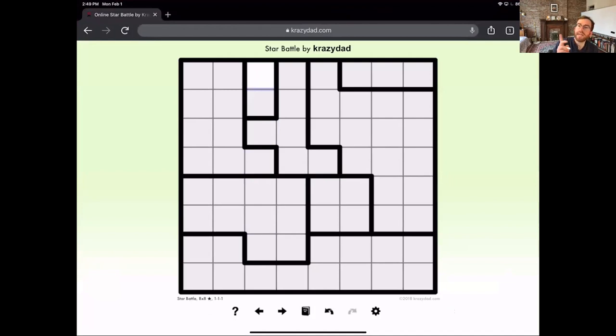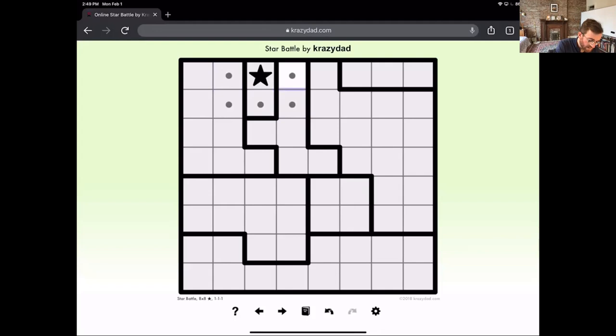And moreover, you can't have two stars touch each other, in the sense that if I have a star here and a star here, that's not allowed. So this is bad. But every solid region has to have exactly one star. So in particular, if I had a star here, then this would mean that it's not a star here.